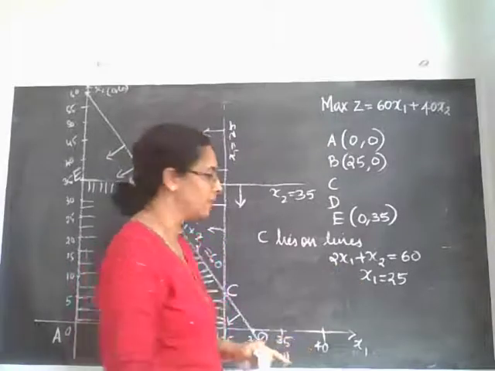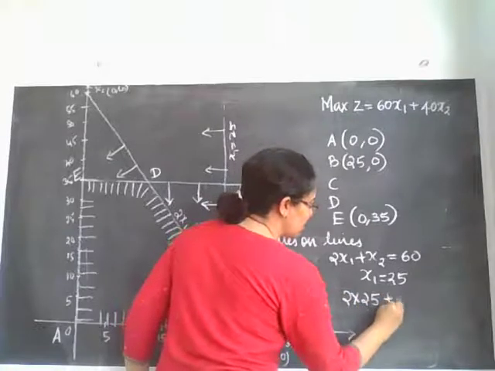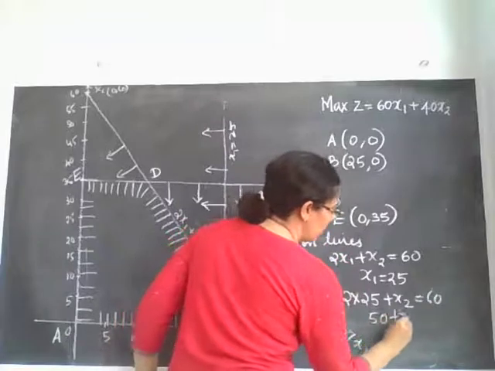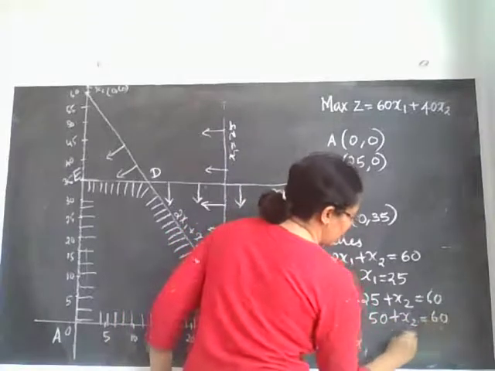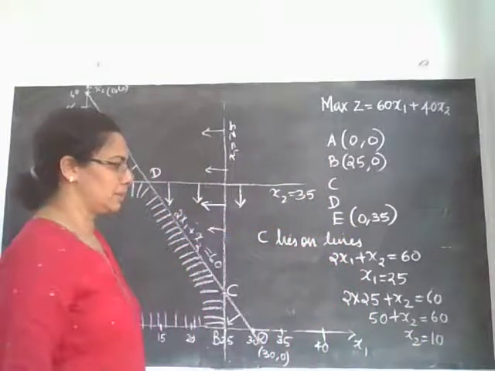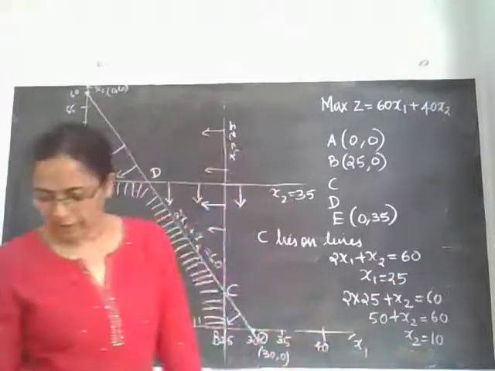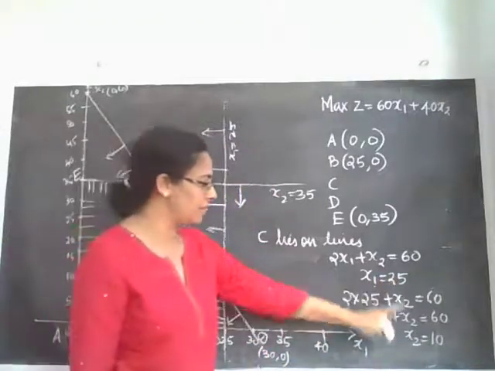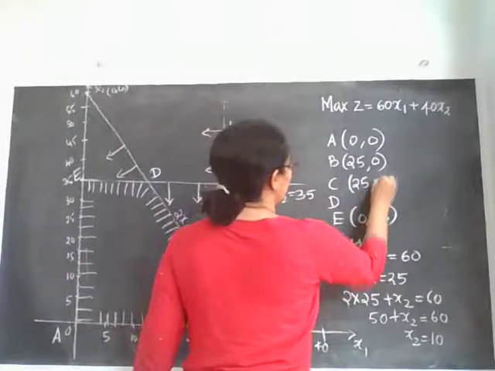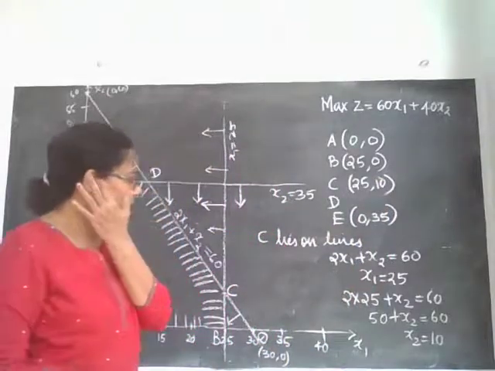So 2 into 25 plus x2 equal to 60, that is 50 plus x2 equal to 60, so x2 equal to 10. So C is 25 and 10. You have solved the equation.